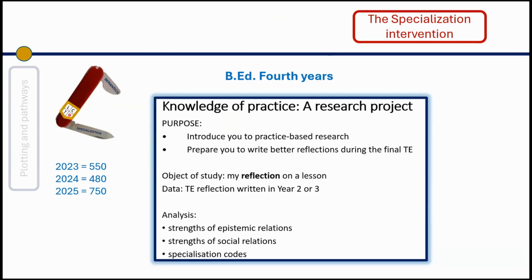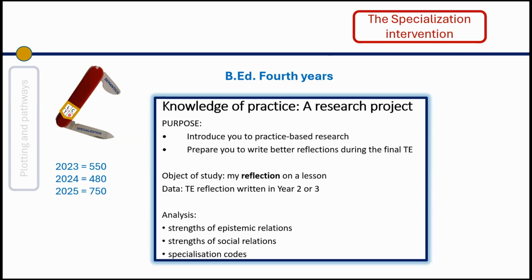The second intervention took the form of an assignment that all final year students at the Wits School of Education undertook. In South African teacher education policy, there's provision for a very small amount of credits of the program to be taught at a postgraduate level. So even though it's an undergraduate degree, you can push just a few credits to postgraduate level and introduce a research project.